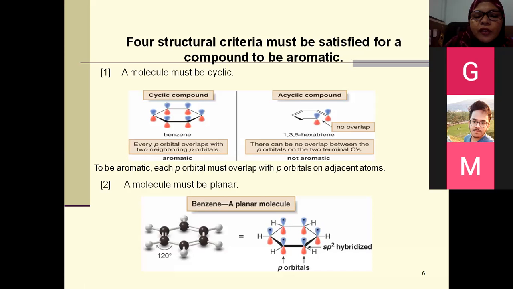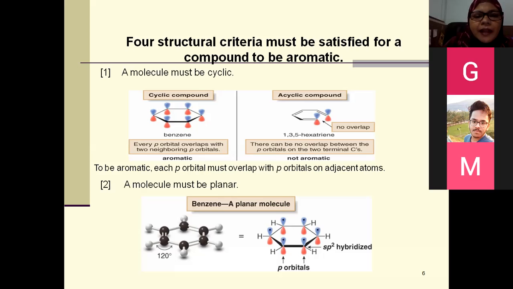Similarly, all the carbon atoms of this benzene ring are sp2 hybridized because all are overlapping with one hydrogen and 2 p orbitals of carbon. So the molecule must be planar. If we have this kind of structure of the molecule, then we can say that the compound is aromatic in nature. Is it clear?